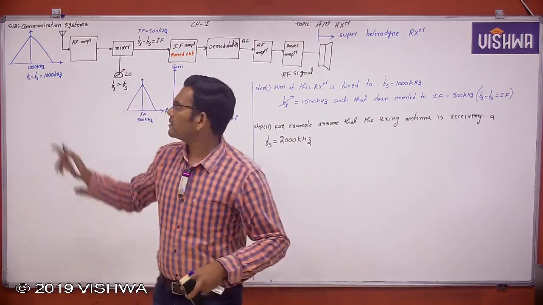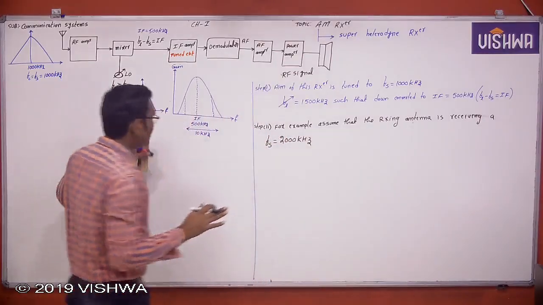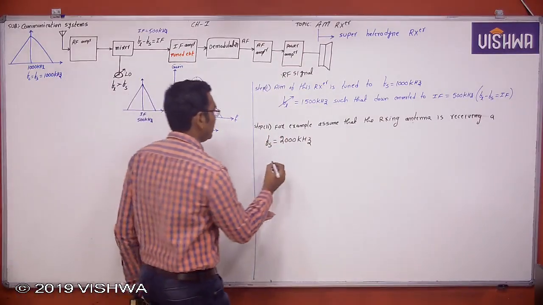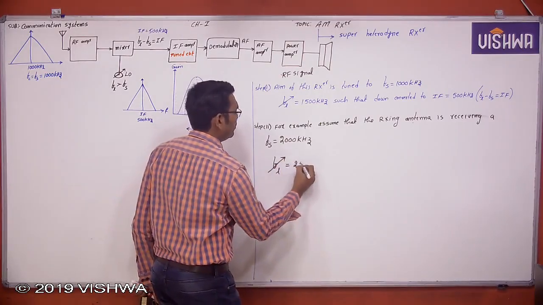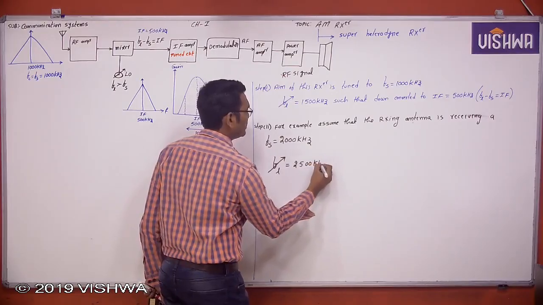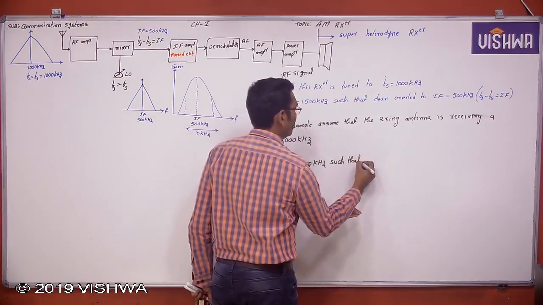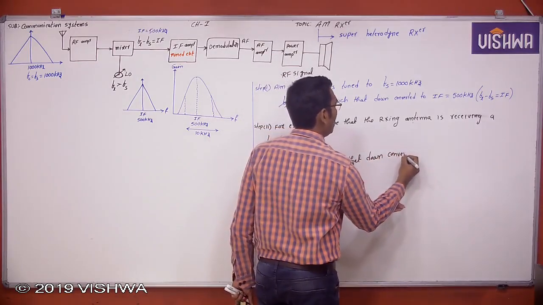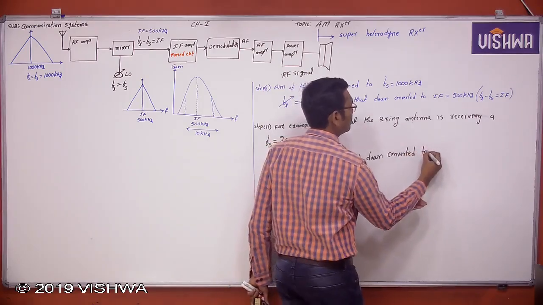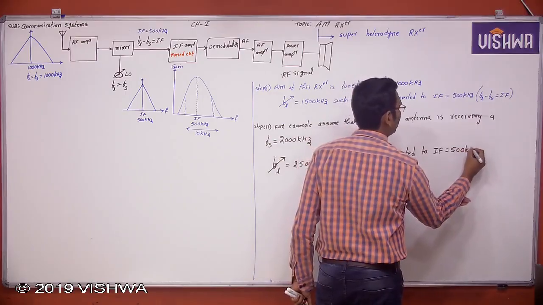Whatever the signal is coming, the mixer's job is to adjust the local oscillator and down convert it to IF, which means the local oscillator frequency is adjusted to 2500 kilohertz such that it is down converted to IF, which is equal to 500 kilohertz.